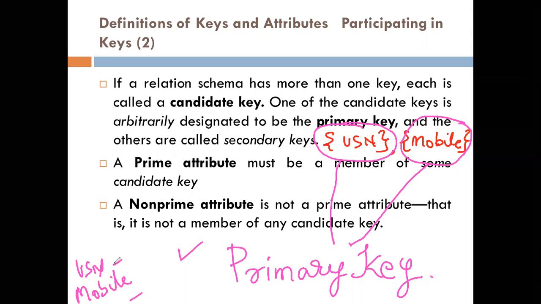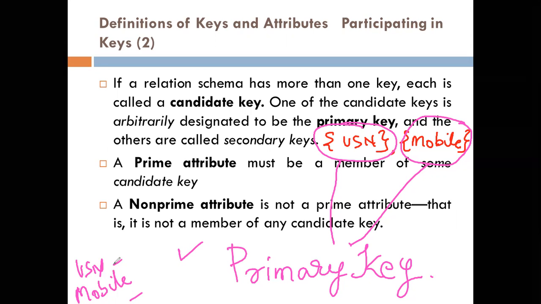Normally we will use USN because it is the USN that we will use in many places in our table design. Again, it is the wish of a designer. We can also use mobile number, so it doesn't matter. But do all the students have a mobile number? That is a question. But every student will have a USN.